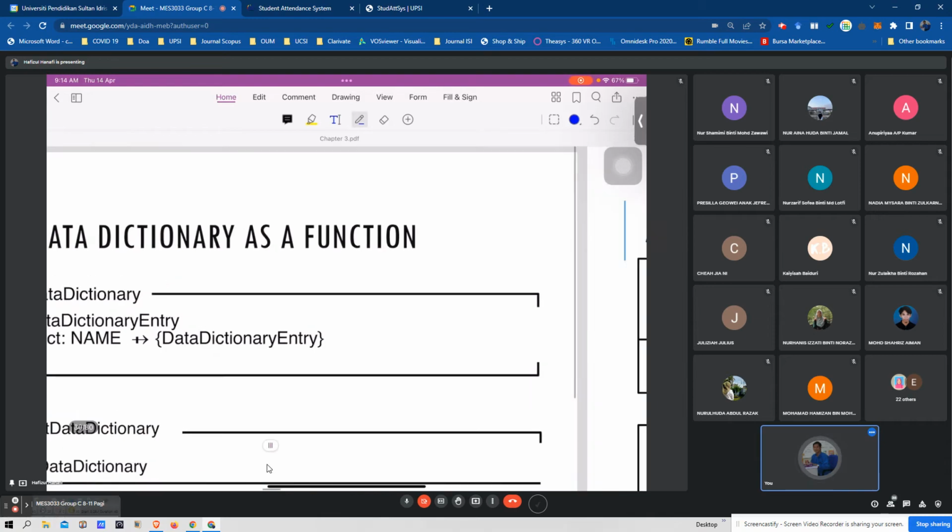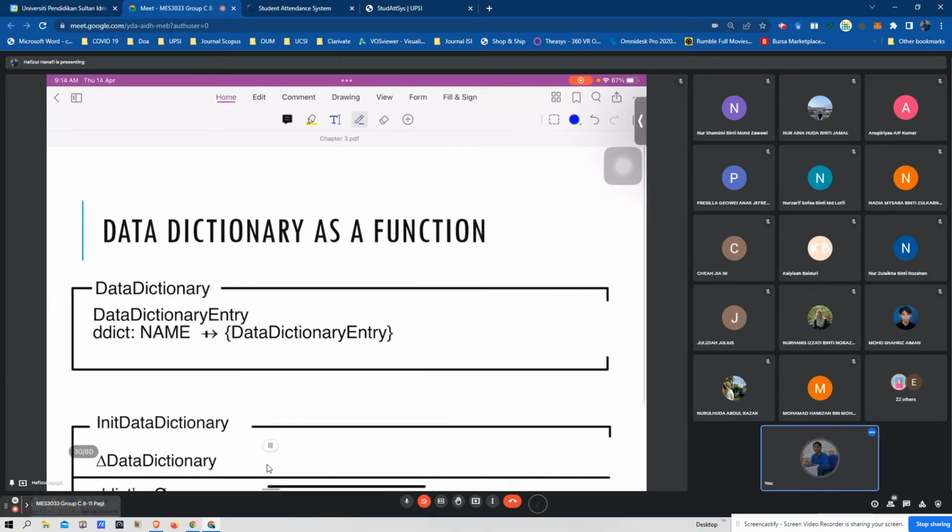And then you look at this one: it is a partial function, from name to entry, with the domain being names. Why is it partial?